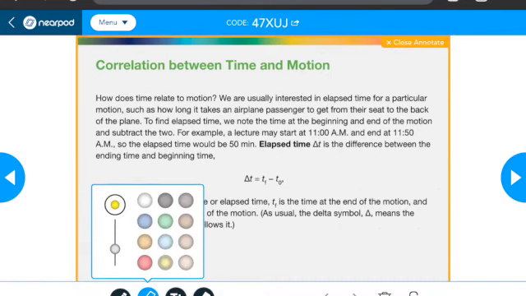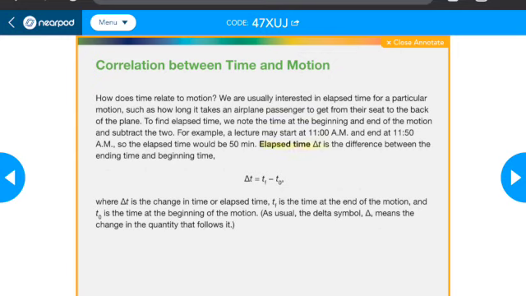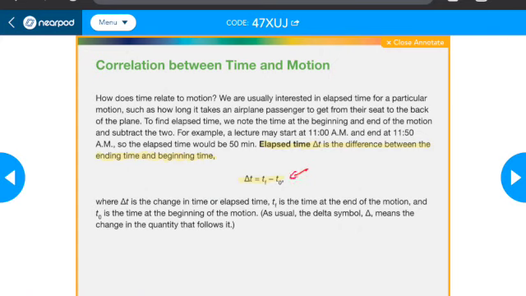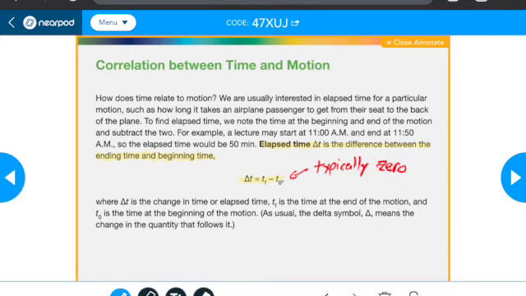So correlation between time and motion, that is looking at how time has passed, and that is using elapsed time. So elapsed time is the difference between ending and beginning time, and its formula looks pretty similar to displacement, right? We got change in time is equal to time final minus time initial, and again, T naught is here.